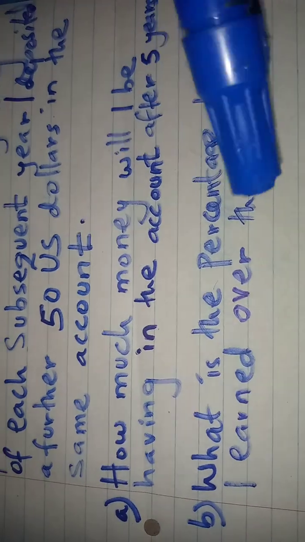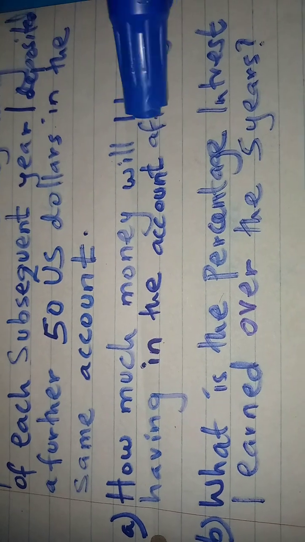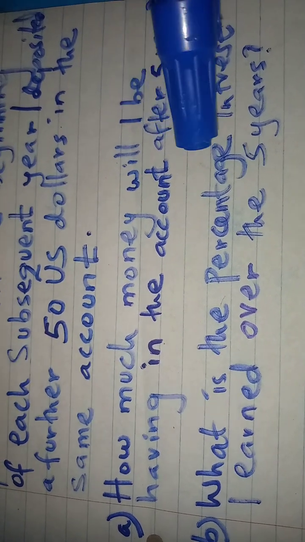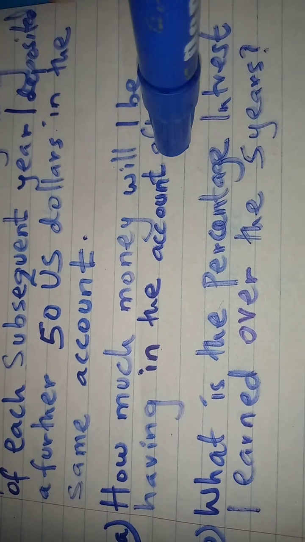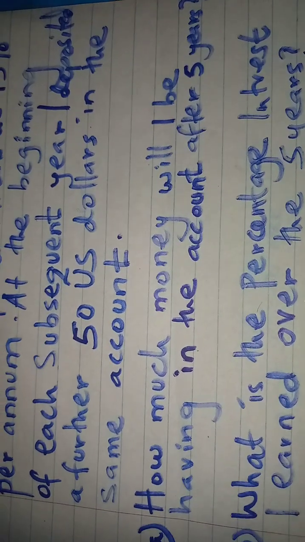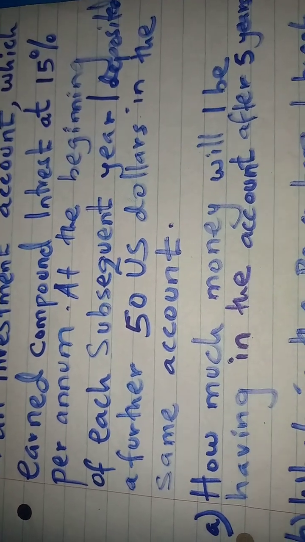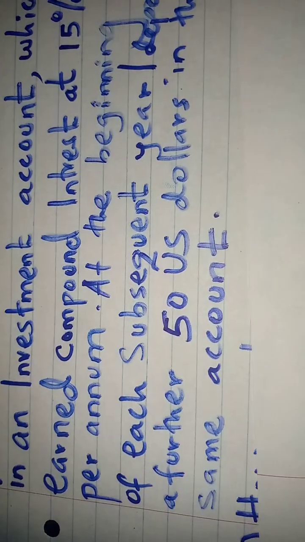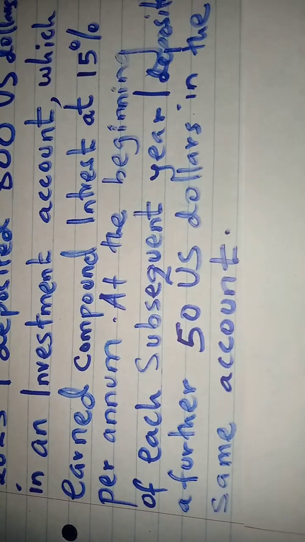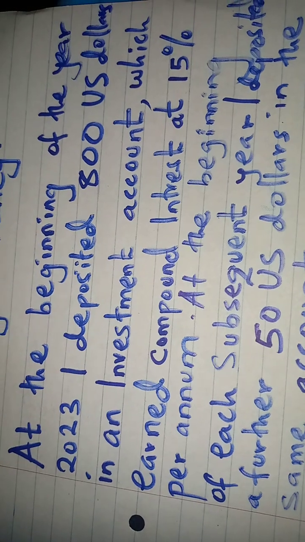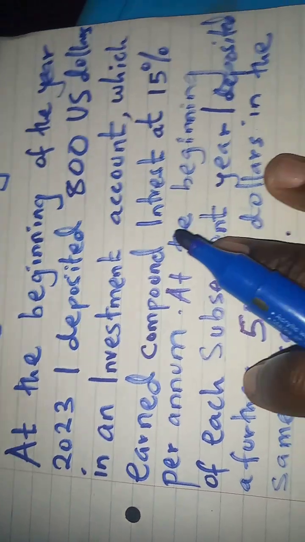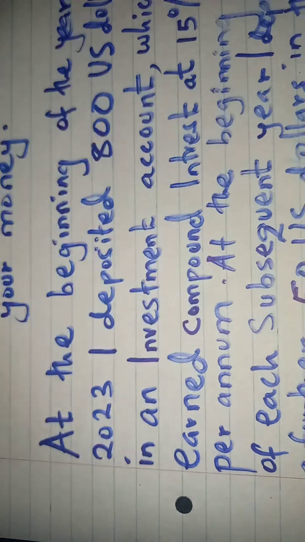And part B, I'll try looking at what is the percentage interest that I'll gain over the 5 years. So this is a real life problem, and I want to go step by step on how to calculate the interest that I'll get.